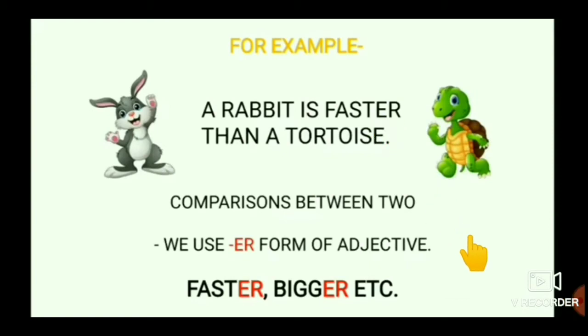So we are comparing these two animals and we use the ER form of the adjective. Children, observe in this sentence the adjective is fast. So we add the letters ER to this adjective because we are comparing between two animals only. Understood? Faster, bigger. Okay?